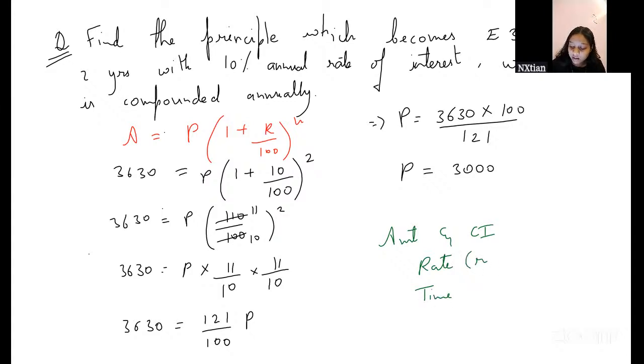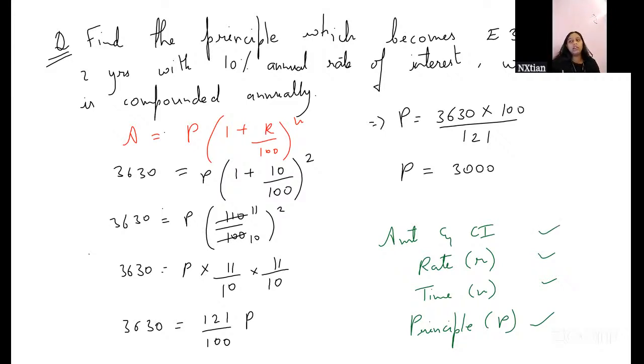This is R, N, and principal. That is P. We saw how to calculate all these four things.